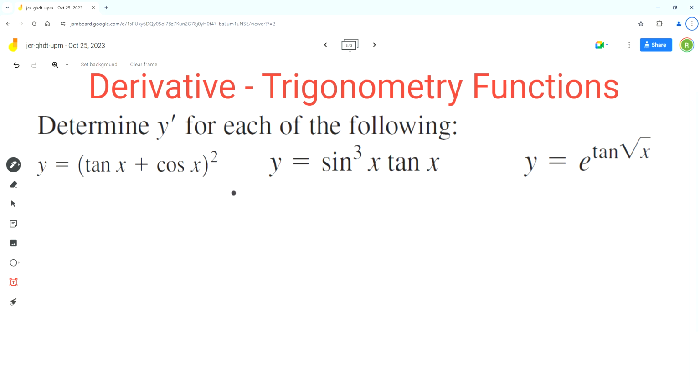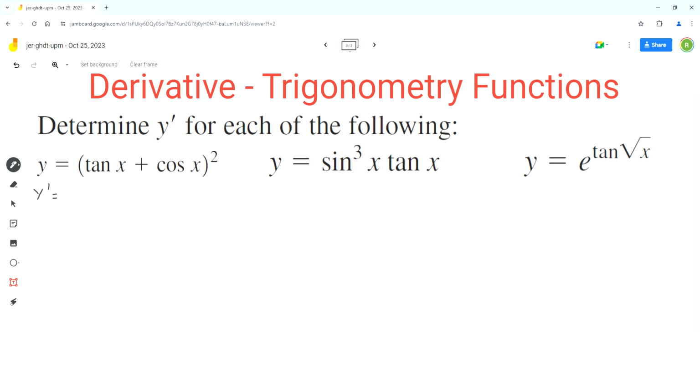For this function, we'll have to use the chain rule to find the derivative because this expression has an inner function, tan x plus cosine x, and the outer function is this square function. As per the chain rule, we start with the derivative of the outer function.